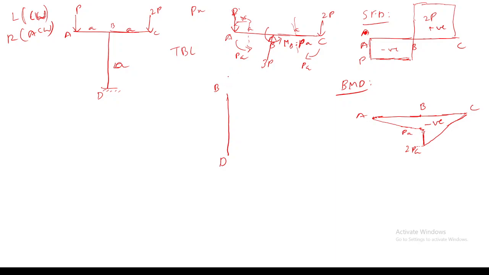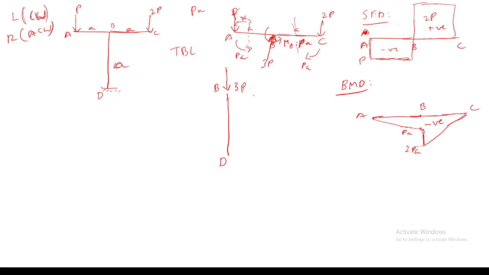So 3P will be acting something like this. Correct? What I have drawn is correct or not? Sir, I haven't got it. For example, 3P for member ABC acts in the upward direction. So for member BD, you have to invert the sign and put it.